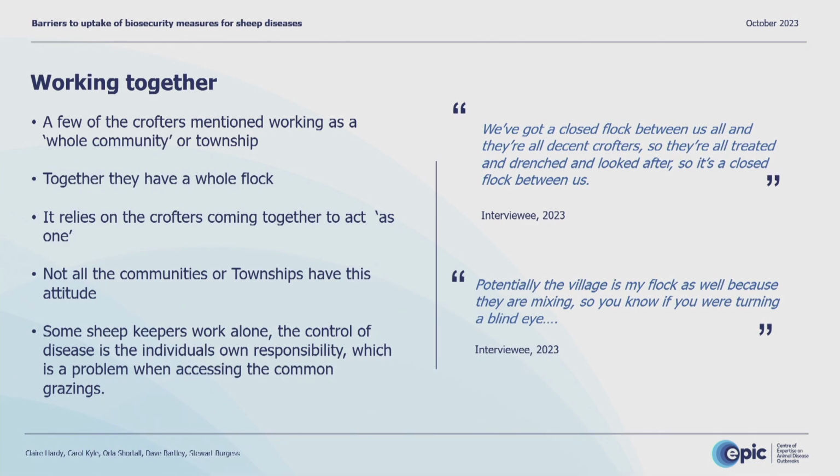So some of them are trying to work together, and because they use these common grazings, that's really important for them. The ones that work alone, they are a problem because you don't know when they've dosed, who they've dosed, but they're still accessing the common grazing. They do have rules and regulations.